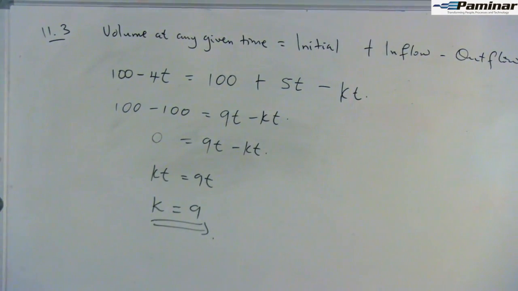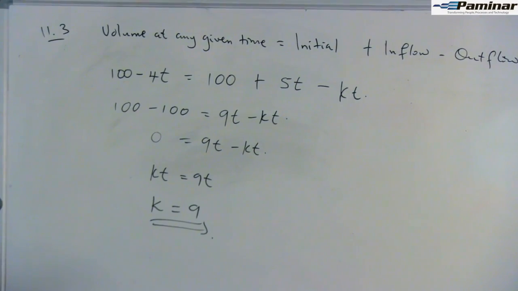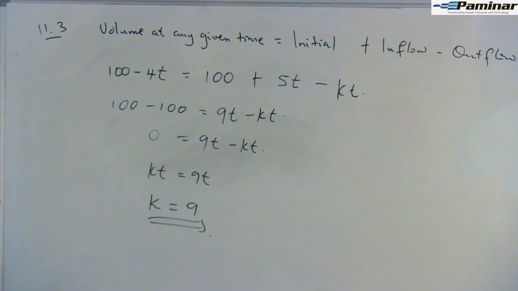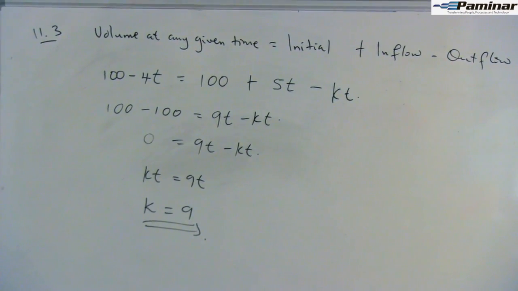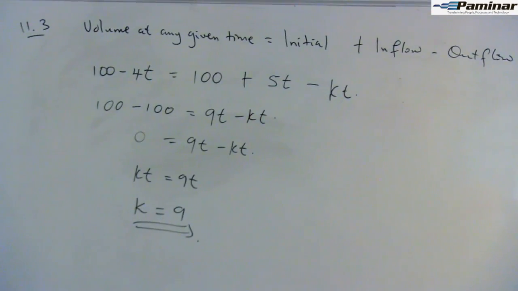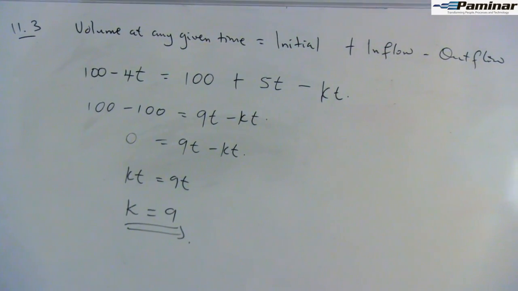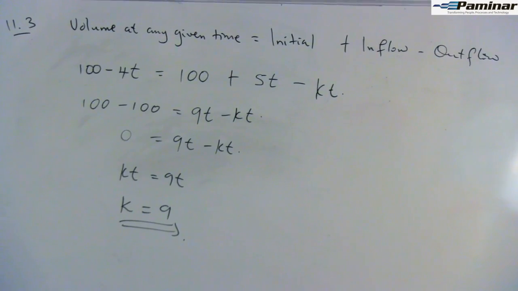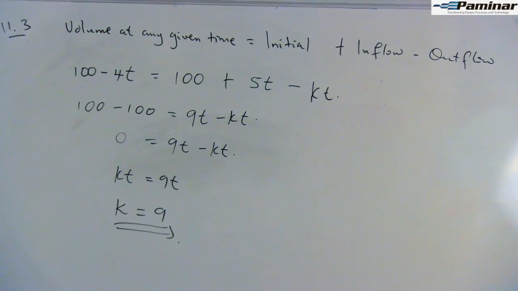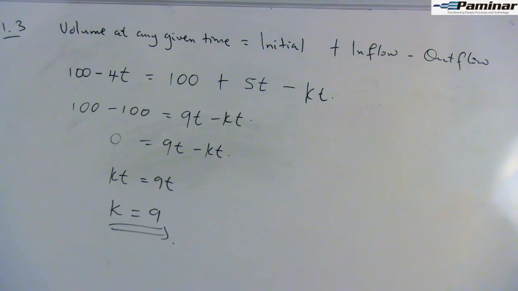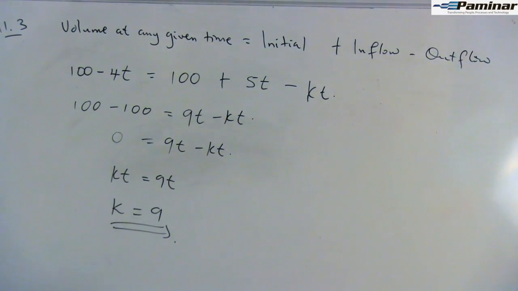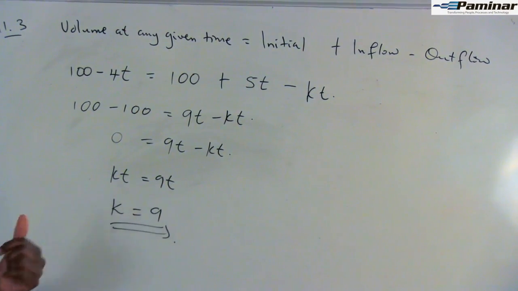What are we looking for? The value of K. So it's 9. Is it 9 liters per minute? Yes, it's 9 liters per minute. Since it says to look for the value of K, would we need to write per minute? If it's K, it's fine like that, because K says K liters. So it's 9 liters.